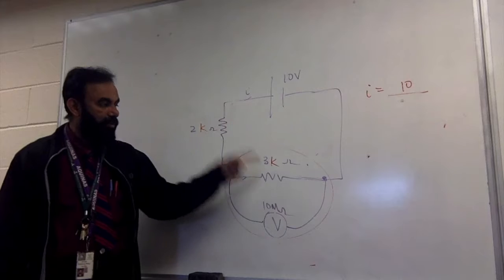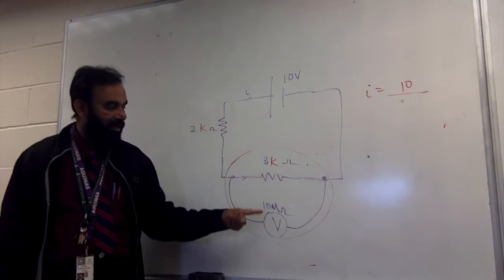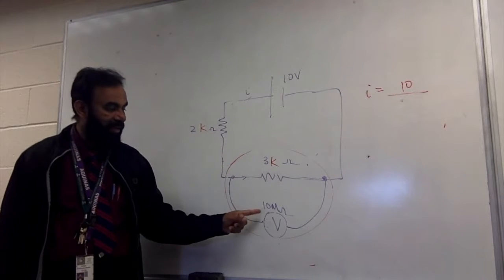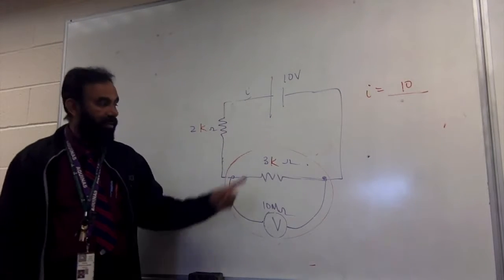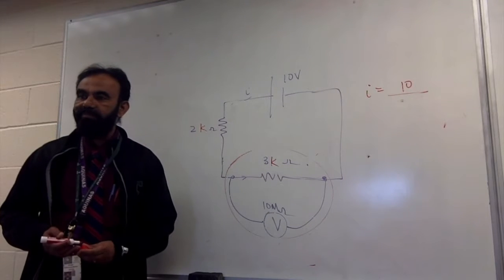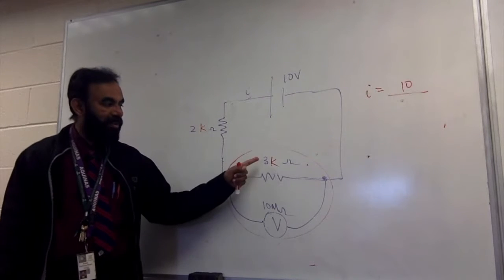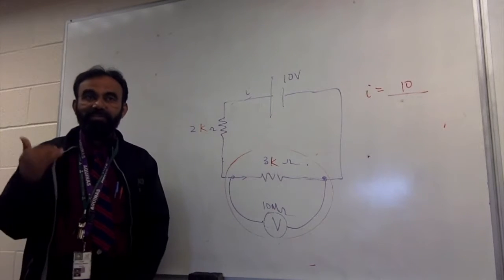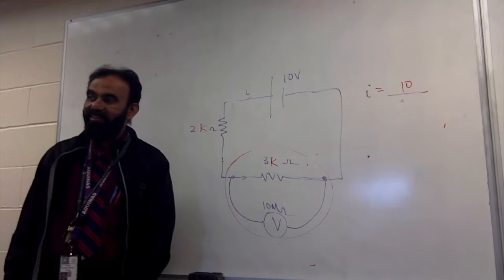Now, when you put this here, what's going to be the equivalent resistance of 3 kilo and 10 mega? Or you can call it 3 kilo and 10,000 kilo. So it's basically between 3 and 10,000: the product of 3 and 10,000 divided by the sum of 3 and 10,000.